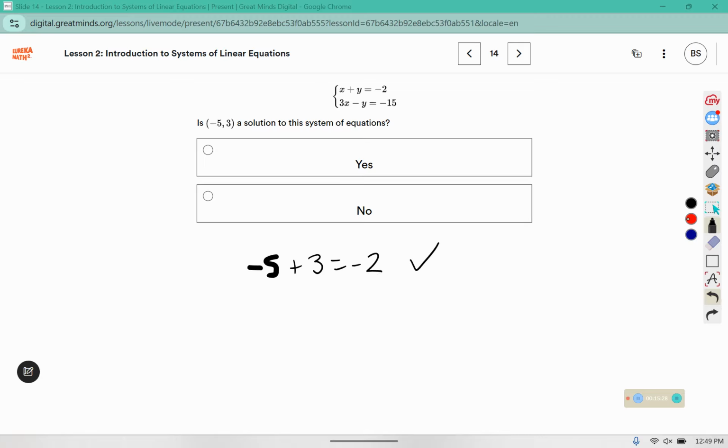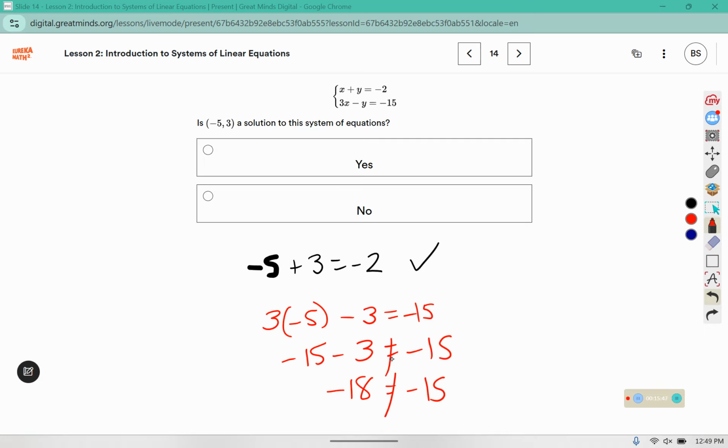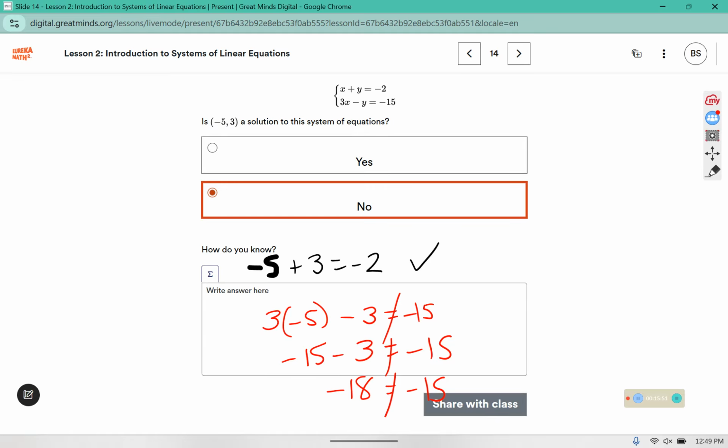In the second equation, if I replace x with negative 5 and y with 3, does it equal negative 15? Well, we have 3 times negative 5 is negative 15. Negative 15 minus 3 is negative 18. So that is not equal to negative 15, which means no, it is not a solution to the system.